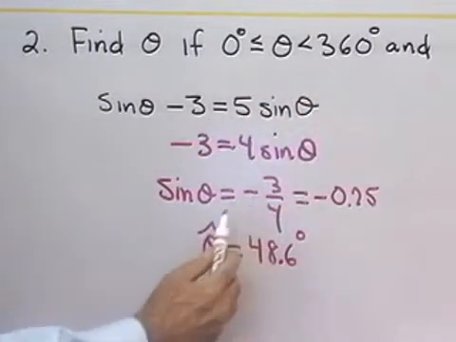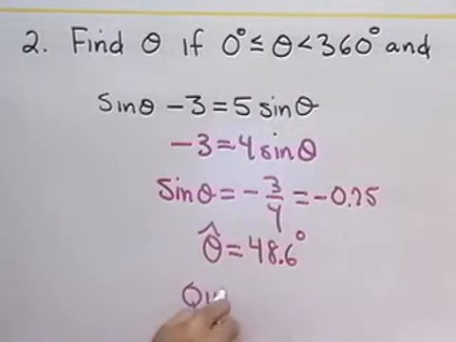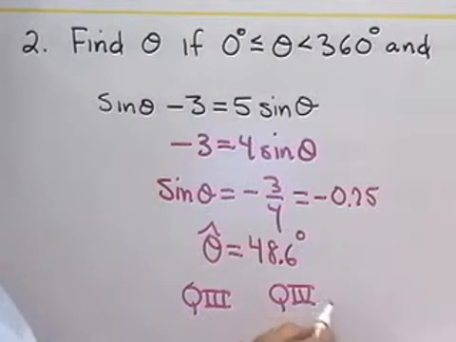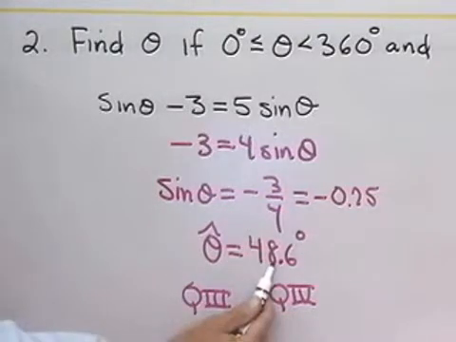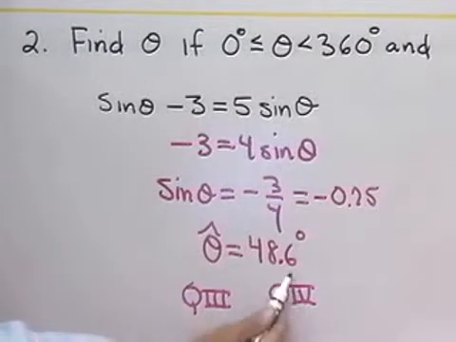Well, sine is negative in quadrants 3 and also quadrant 4. So I want the angle in quadrant 3 whose reference angle is 48.6, and I want the angle in quadrant 4 whose reference angle is 48.6.